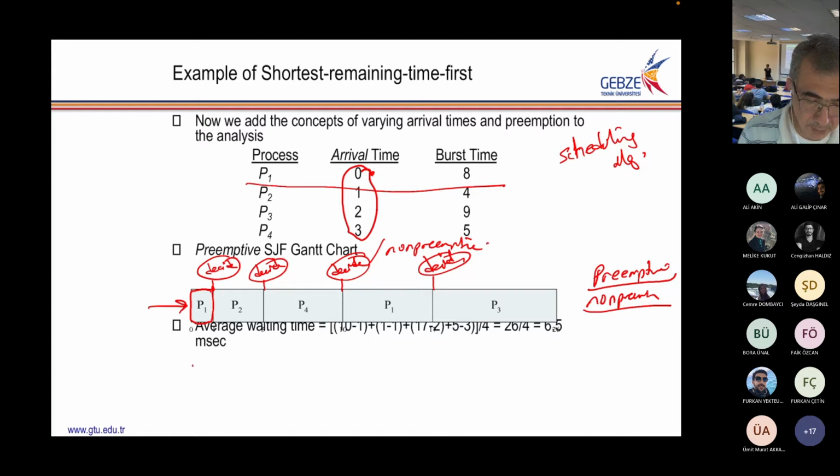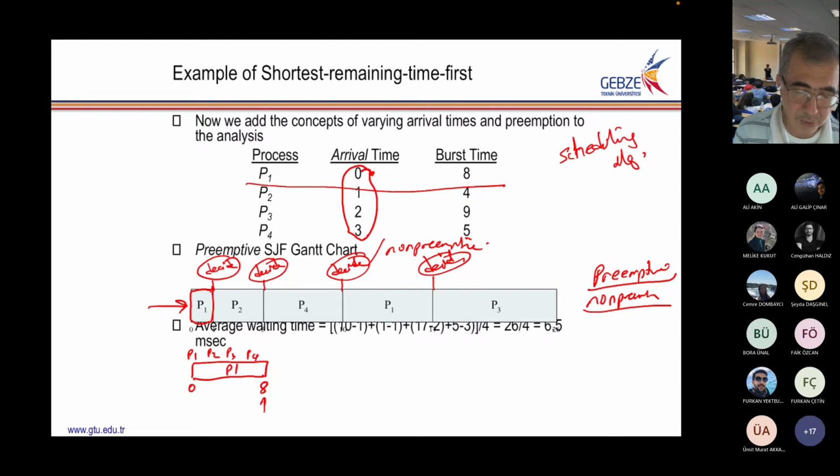P1 arrival 0, so burst time is 8. 0, 8, P1. But when time 8 is reached, P1 arrived here, and P2 is arrived here, P3 is arrived here, P4 is arrived here. They all arrived before time 3. So when we reach time 8, they are already available.